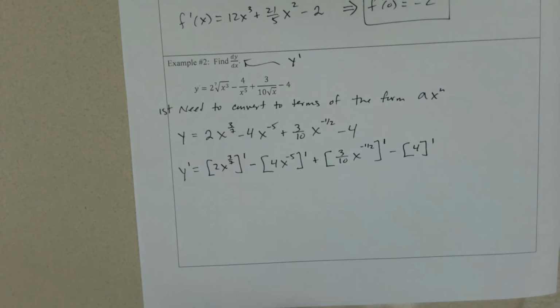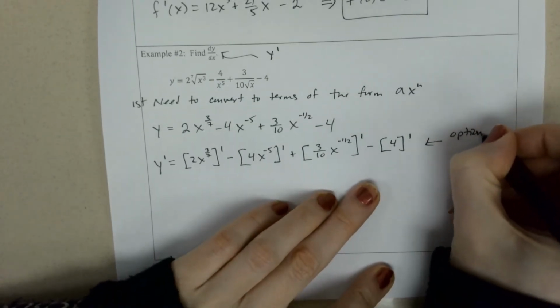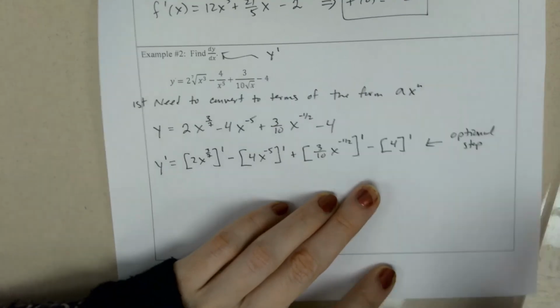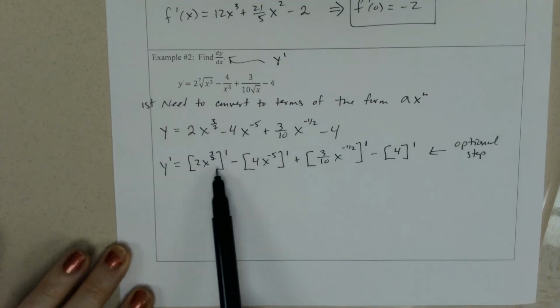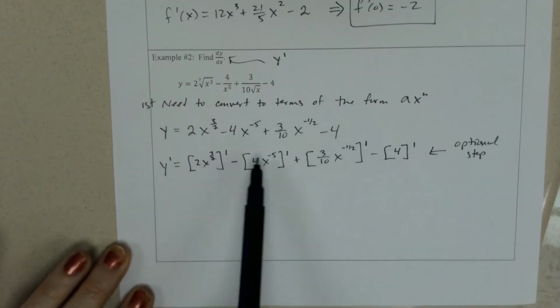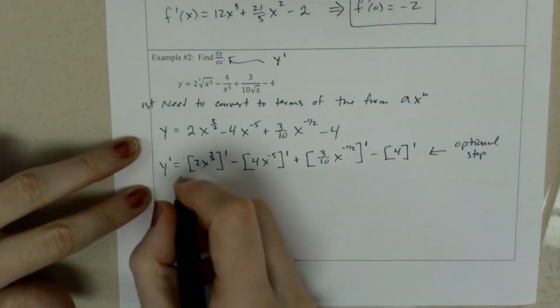Okay, now, guys, this is an optional step. We eventually want to skip this step where you separate the terms in the brackets and put the primes outside. You eventually want to skip that step and go right to this next step.